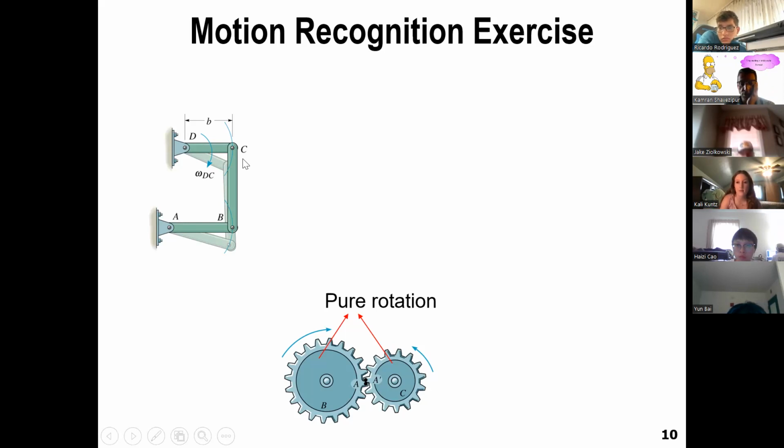Okay, let me ask Yun. Yun, what kind of motions do we see here? Are you talking? Because I don't hear you either. Do you guys hear him? Or is it just me? No? Okay, Colin, how about you?